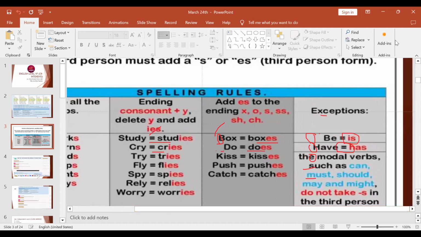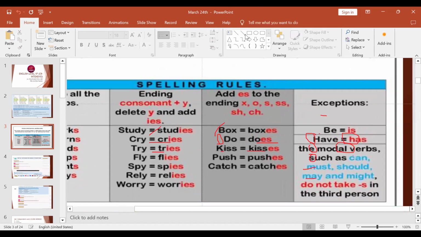Okay, here we have some exceptions because these words are modals. Sometimes we have verbs that are irregular verbs. For that reason, some change, others not. Wait a minute. Let me delete these drawings.